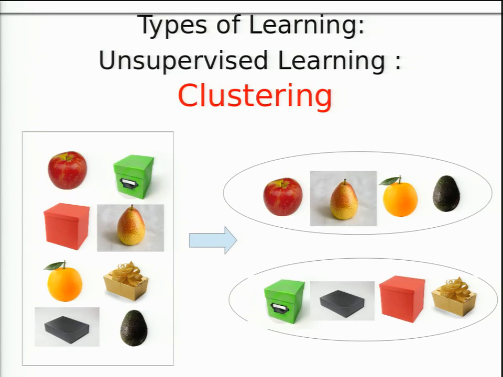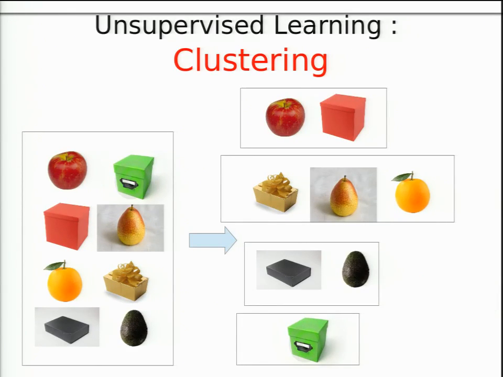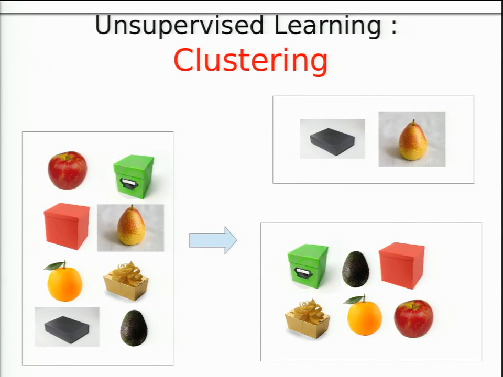I would expect fruits and boxes. Right? Can I expect this? Why? Yes, images with background, images without background. Right?